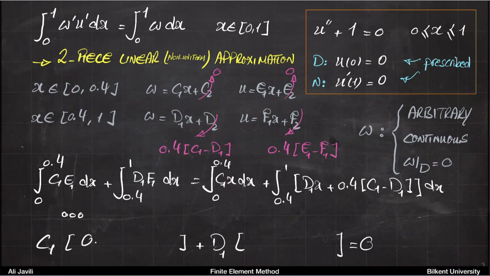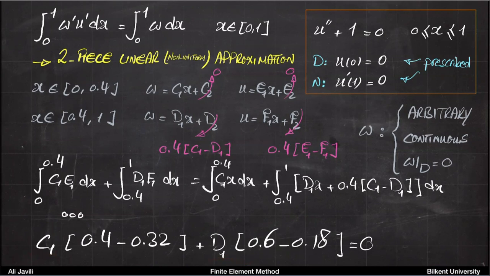So if you do that, you would see this, and then here you would get 0.6 minus 0.18. And then again, the same game is played. So this looks like one equation, but because it holds for every C1 and D1, it means that these coefficients should be 0.